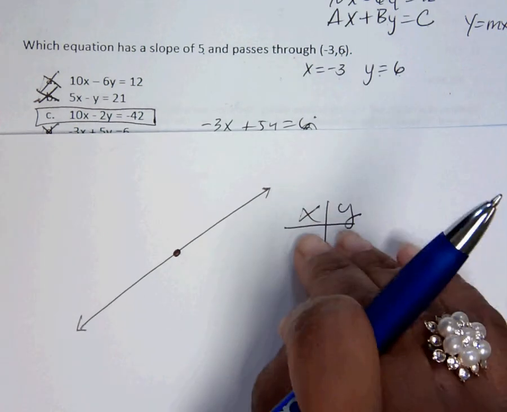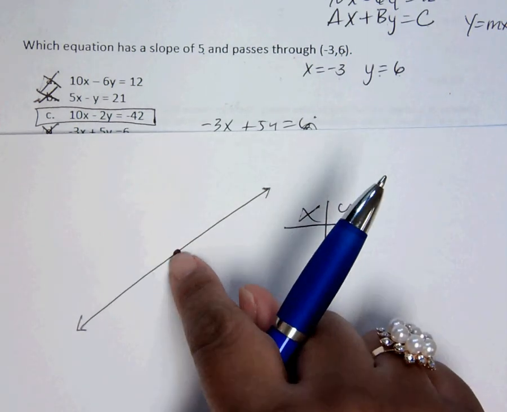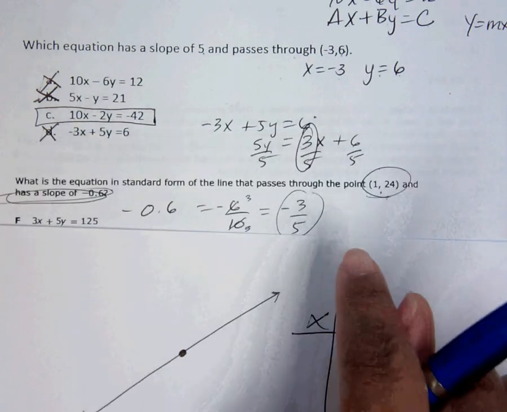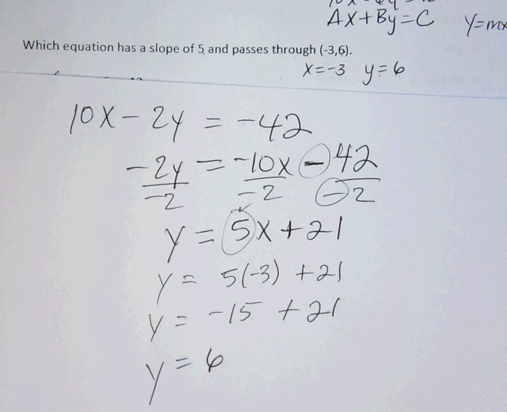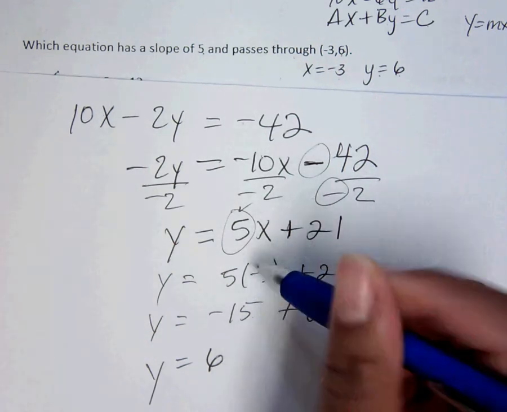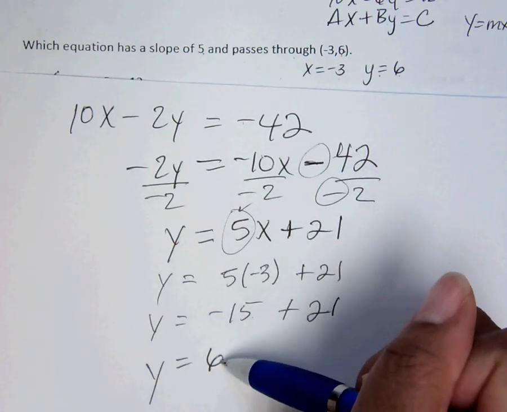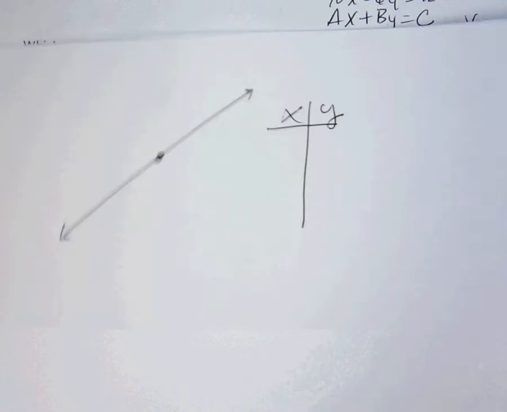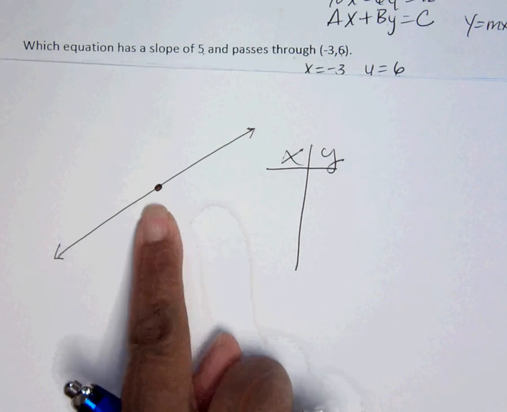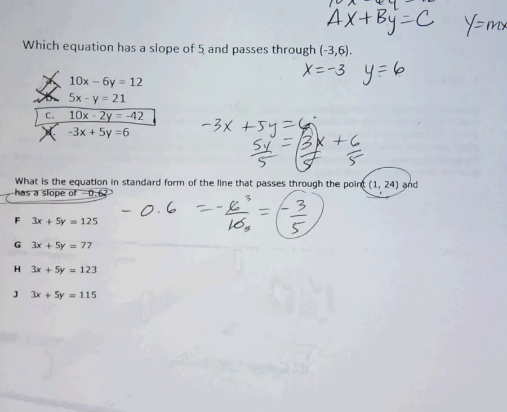So the numbers on the table are the points on the line, which are the same points that you plug in, like we did here. So plugging in x, seeing if that x gives you the right y, looking on the table and seeing those points on the graph, that's all the same thing.